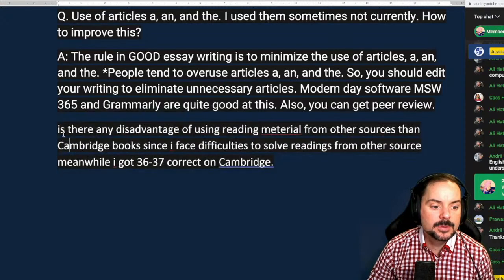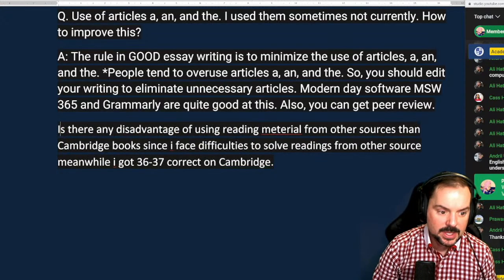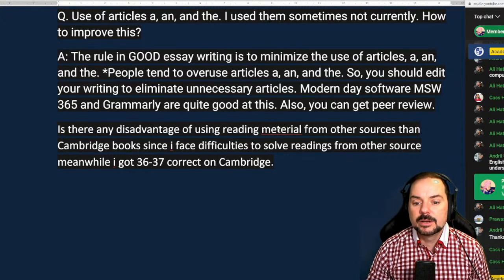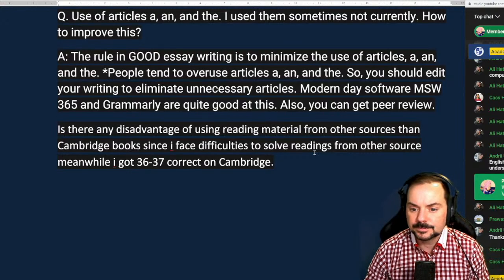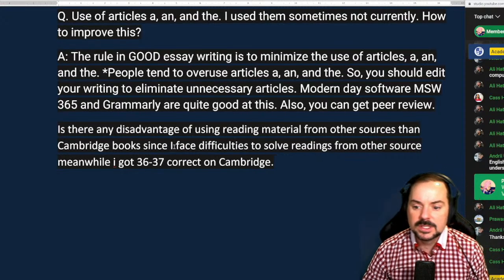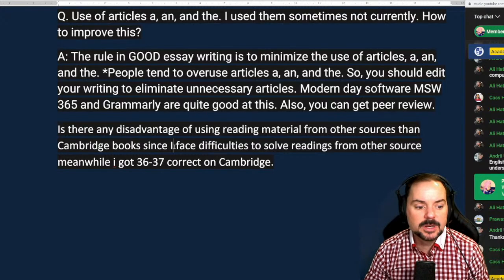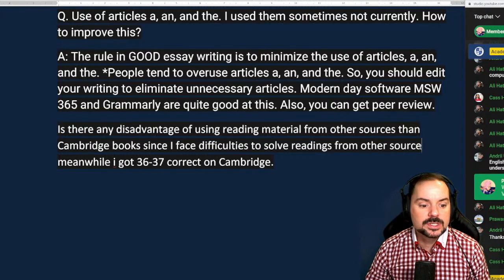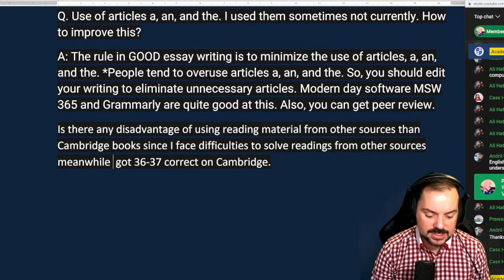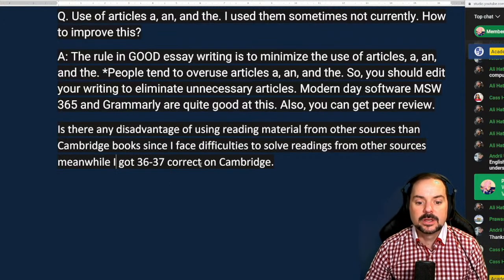Prabjit is asking this: Is there any disadvantage of using reading material from other sources than Cambridge books, since I face difficulties solving readings from other sources? Meanwhile, I got 36 to 37 correct on Cambridge.